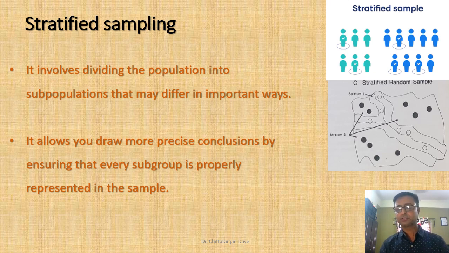It allows us to draw more precise conclusions, because sometimes some individuals or objects in a pattern are smaller in number, and some patterns are bigger with more individuals. So when we do random selection, it has a bias because you get more individuals from X pattern and fewer individuals from Y pattern. So in stratified sampling, we are selecting individuals randomly from a particular group or a particular pattern.